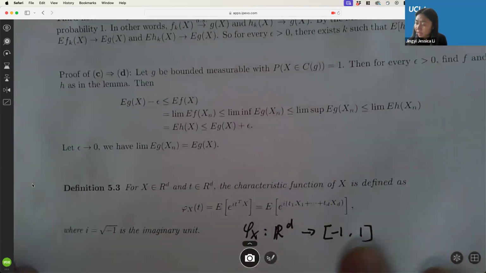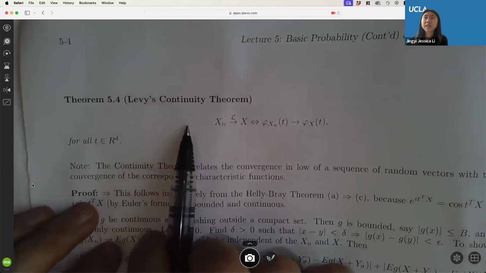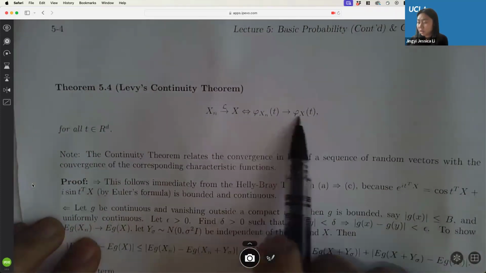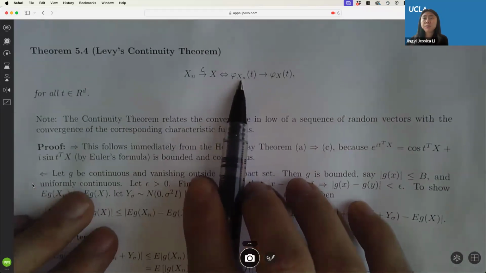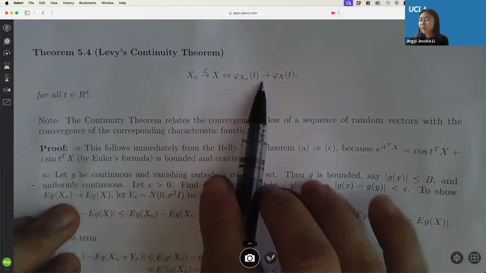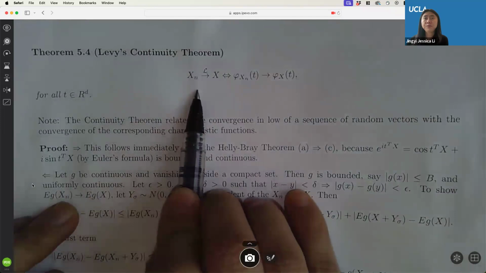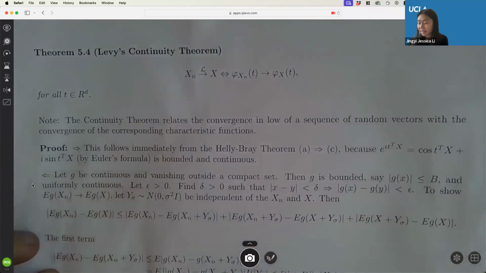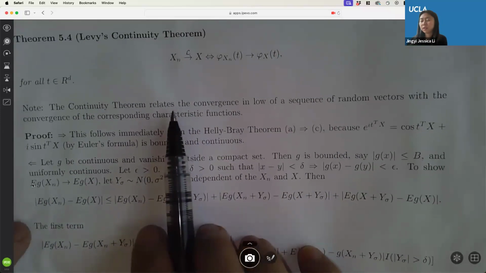Okay, so the characteristic function is defined in this way, and using that, we have this most important result. It's called Levy's continuity theorem. In other words, you can just prove the pointwise convergence of the characteristic function, then you can prove convergence in law. And that's exactly what we use in proving the central limit theorem.